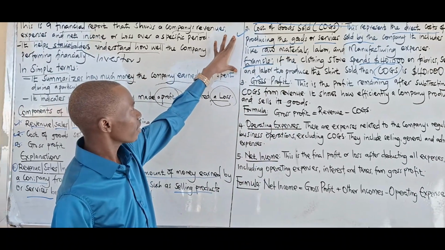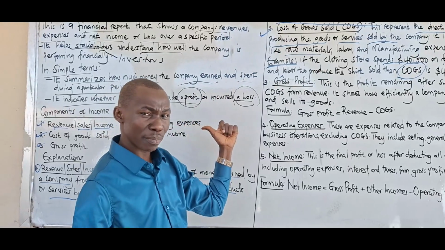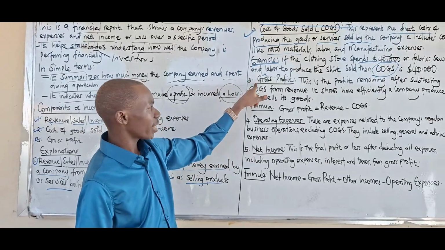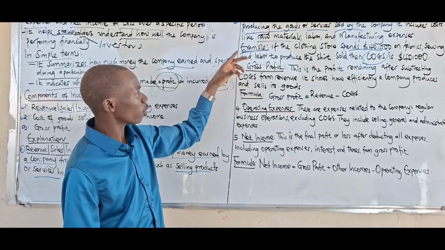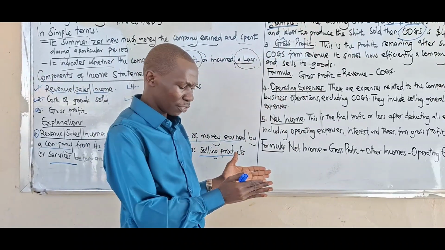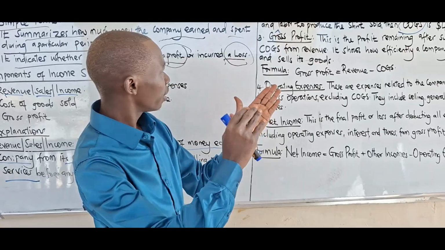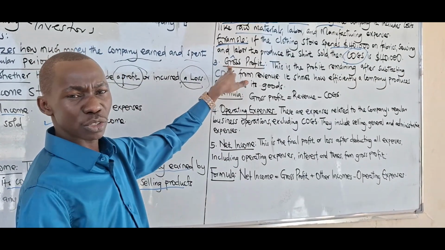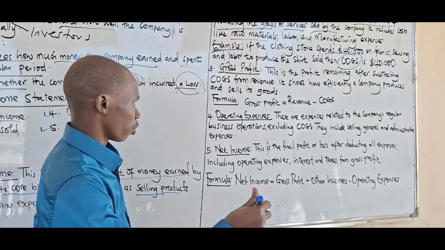Now, having seen revenue, and I believe we're okay with revenue and cost of goods sold, we can as well determine gross profit. Because the moment you have what you have received in form of sales or revenue, and the direct cost in form of cost of goods sold, it is very easy to determine gross profit.